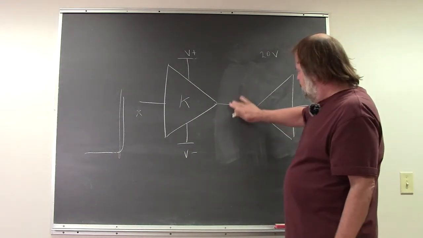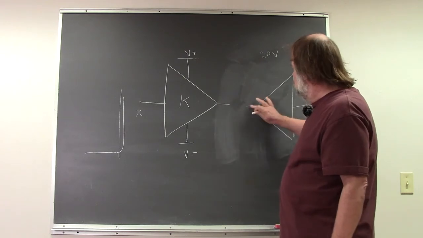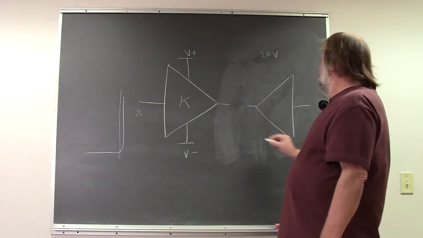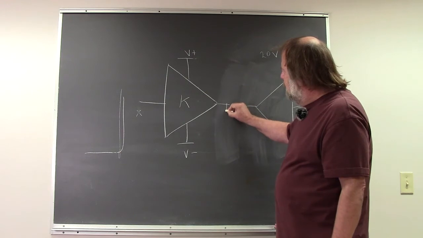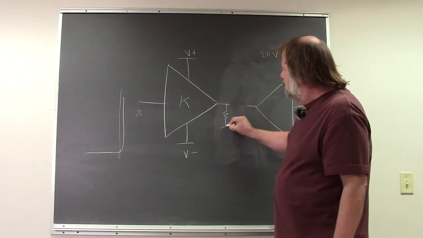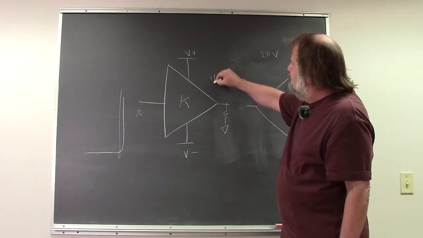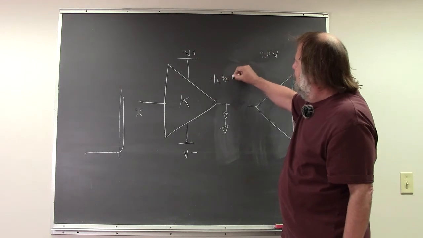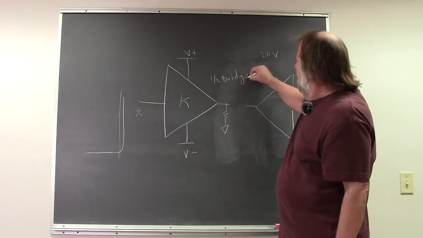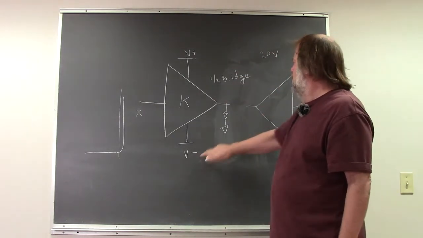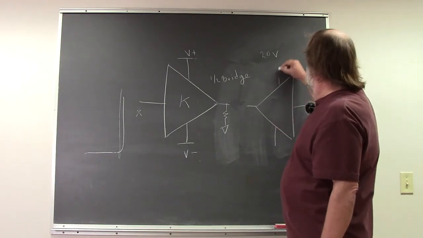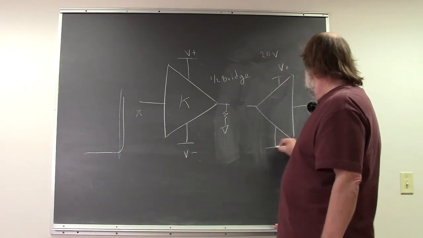So in bridging, I have two usually identical amplifiers. And this first amplifier, when I have the load connected to ground, this is known as a half bridge. And it has this supply, here's my V plus, V minus again.